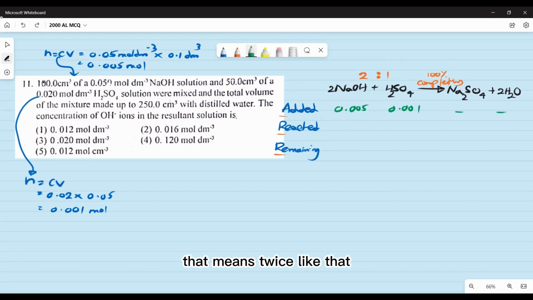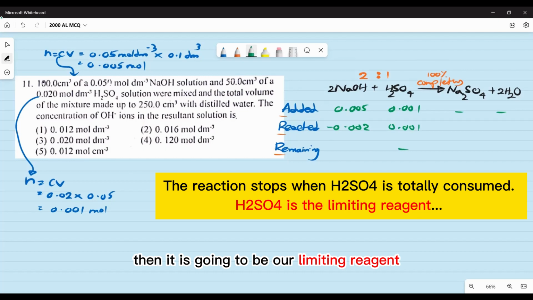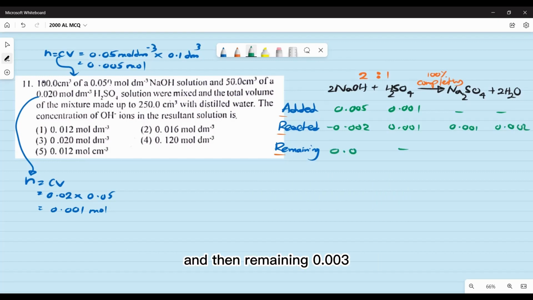That means twice that, 0.002, will react from NaOH. And this one will completely react. Then it is going to be our limiting reagent, isn't it? Sulfuric acid. And here you will have 0.001, 0.002 like that. And then the remaining 0.003 will be there. So that's the remaining NaOH moles.